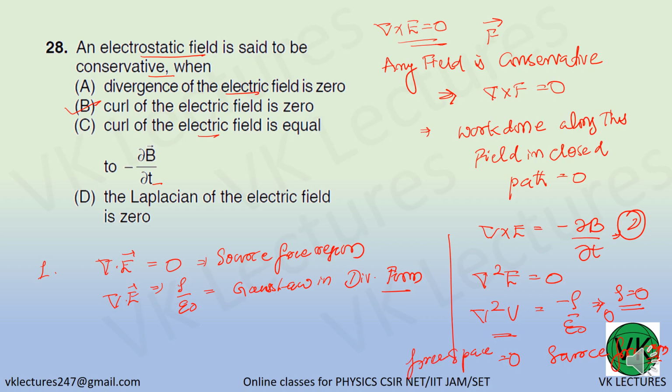In free space, del square V equal to 0, del dot E is also equal to 0. But in this question, please remember, if del cross F, if F is any field, if del cross F equal to 0, then the field F is said to be conservative.